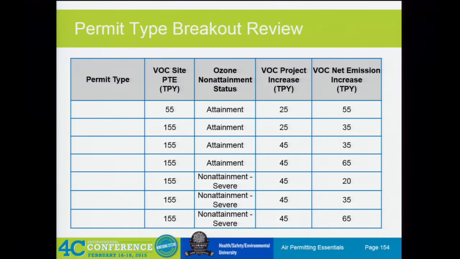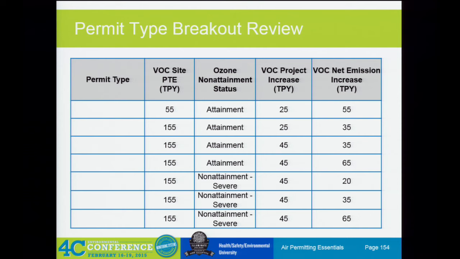Okay, so in that pretty table that we had right here, the second column from the right, we'll always be comparing that to our PSD major source modification. Would there ever be an instance where we don't compare that to this? In this column?